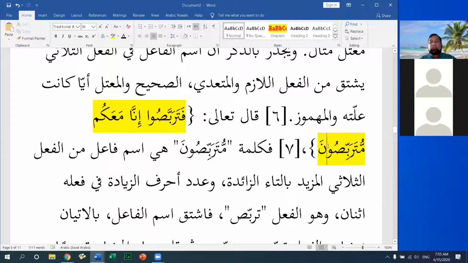This is talking to the munafiqeen in Surah At-Tawbah, that the believers are saying to them, just wait, we are waiting with you, meaning to see the results of the promise of Allah subhanahu wa ta'ala coming to pass in helping the believers. متربص is ism al-fa'il from تربص, which is the fifth pattern of the trilateral verb. It's originally ربص, and then you put it on تربص, ism al-fa'il متربص, and the plural متربصون.